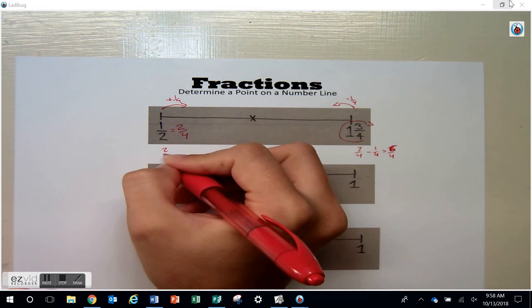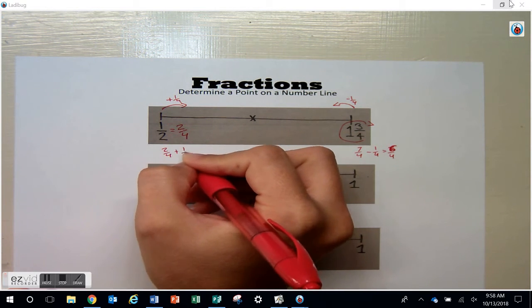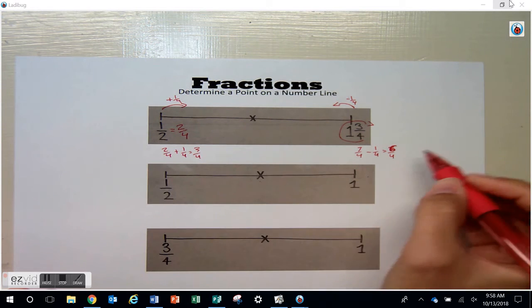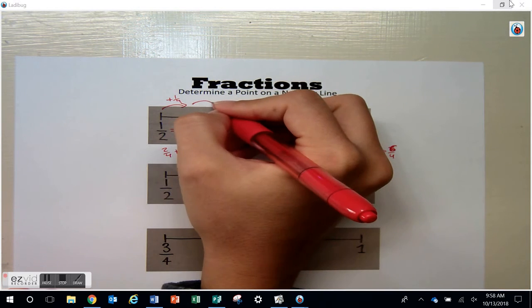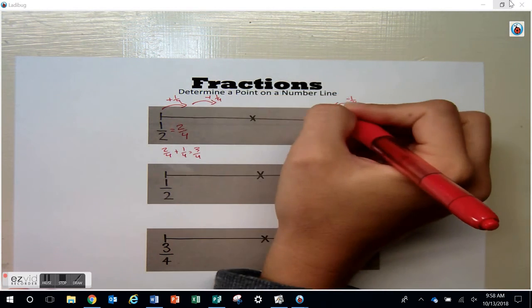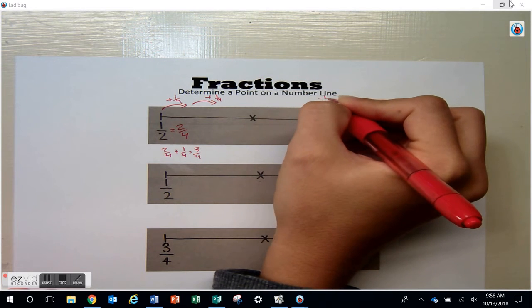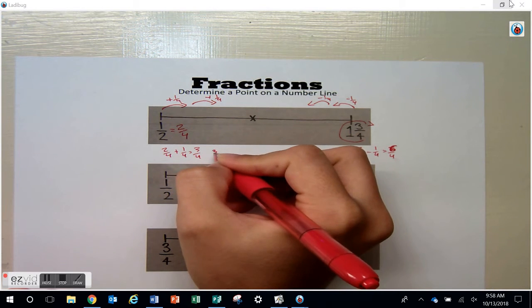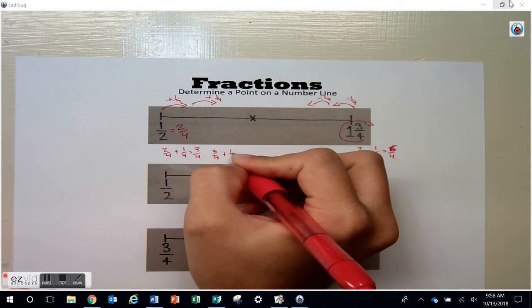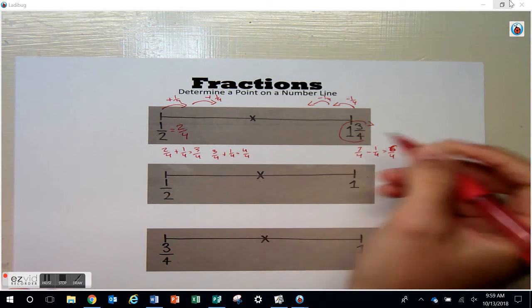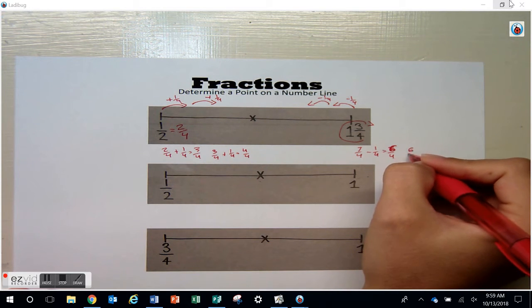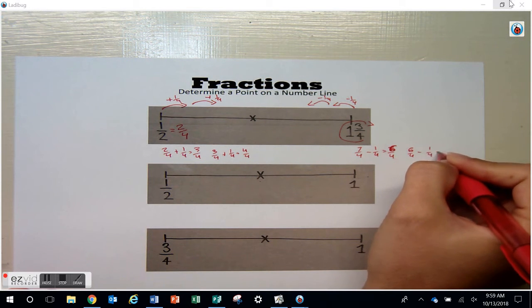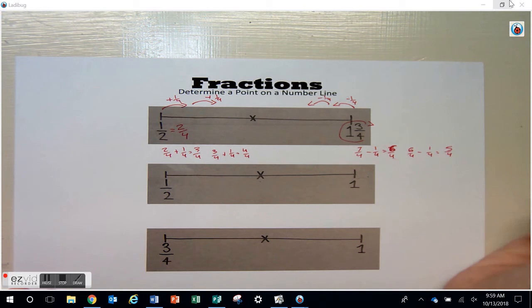I haven't quite found the middle, so I'm going to go ahead and add a fourth. I'm going to subtract a fourth. 3/4 plus 1/4 gives me 4/4. 6/4 minus 1/4 gives me 5/4. Well, I'm looking right now, and I can already tell 4/4 and 5/4.